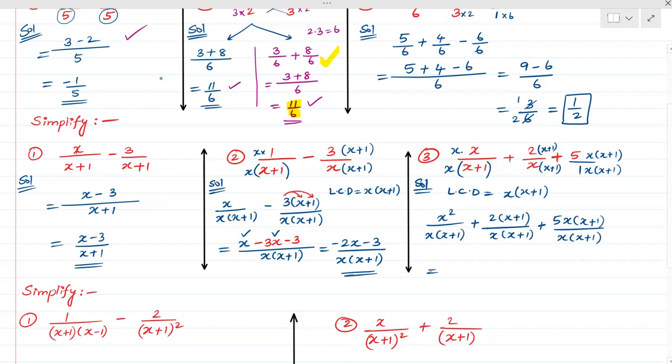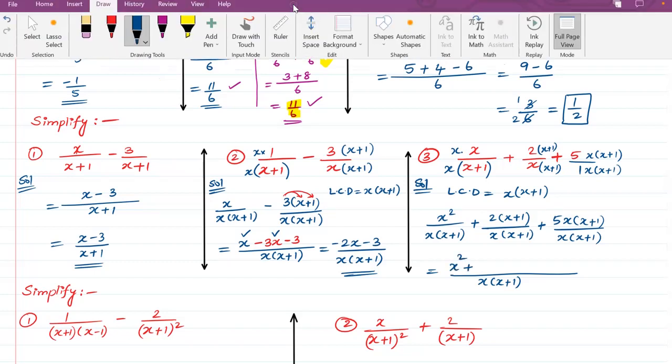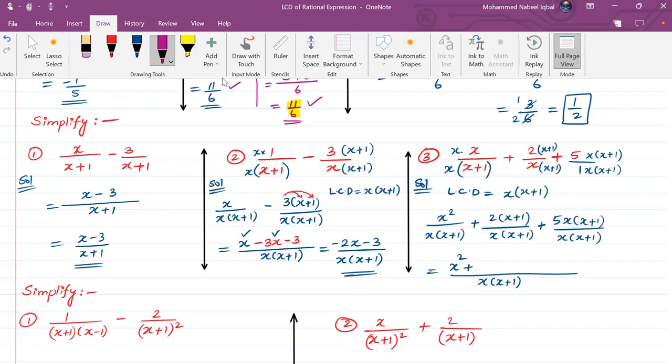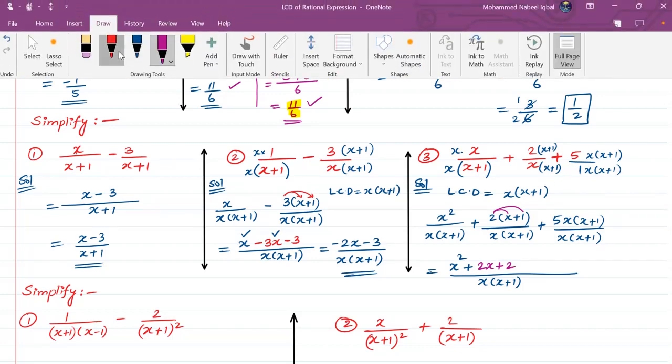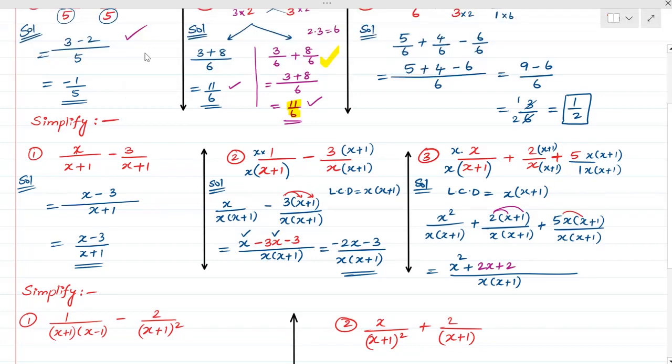Now the denominator is going to be the same, x into x plus 1. Now in the numerator, first term we will have x square, plus second term I have to multiply this part. What is the multiplication? So here 2x plus 2. Now the last part I have to multiply again with the 5x. So what happened here? Plus 5x plus 5.